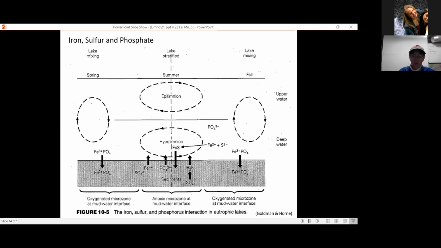Then when the lake mixes in fall, the phosphorus gets recirculated back into the upper water, taken up by the algae, and you get a whole new algal bloom. So the problem was this kind of constant recycling of the phosphorus from the sediment. This is usually called an internal supply of phosphorus, as opposed to an external supply coming from the watershed.